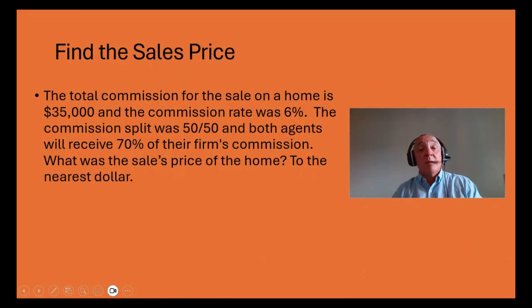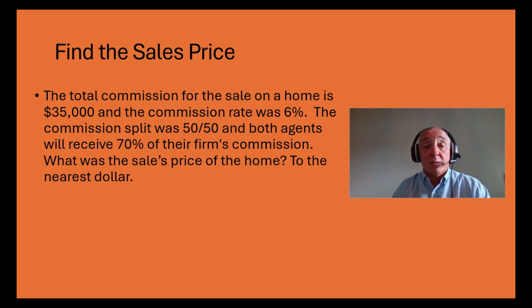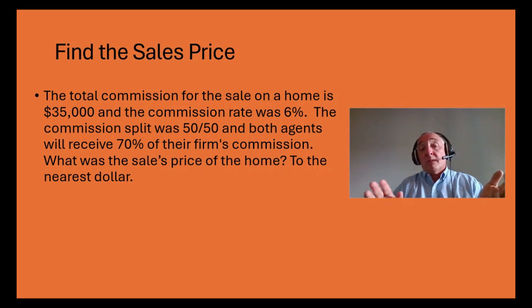In this problem, the total commission for the sale of a home is $35,000, and the commission rate is 6%, which in decimal is 0.06. Additional information: the commission split was 50-50, and both agents received 70% of their firm's commission.